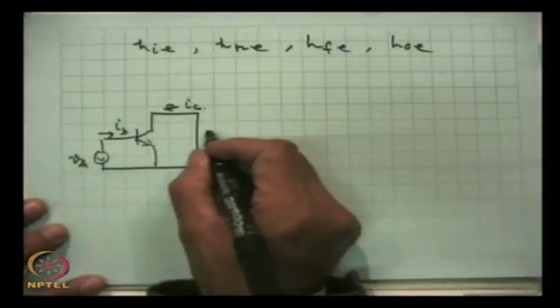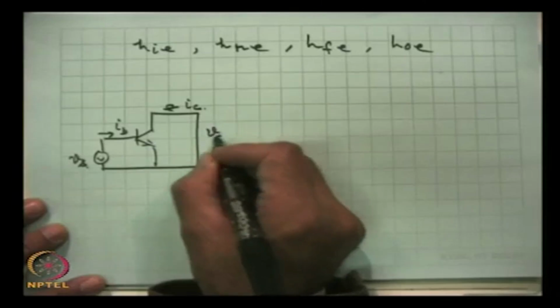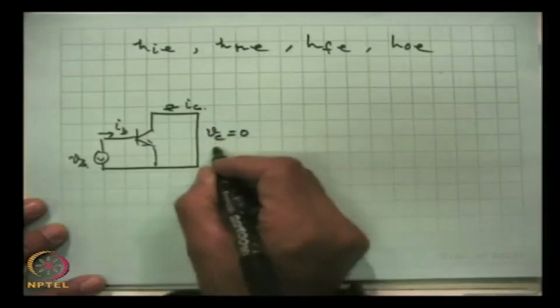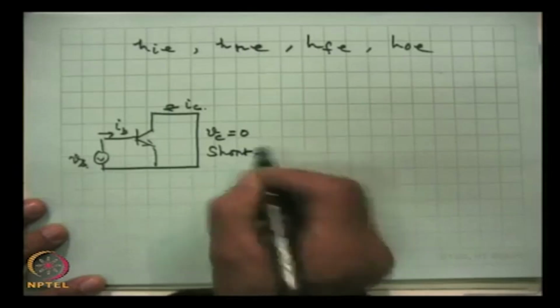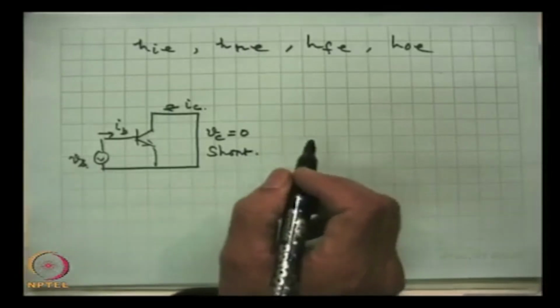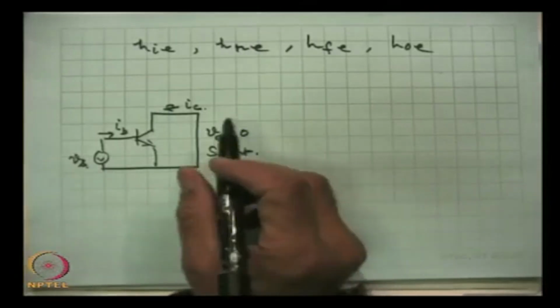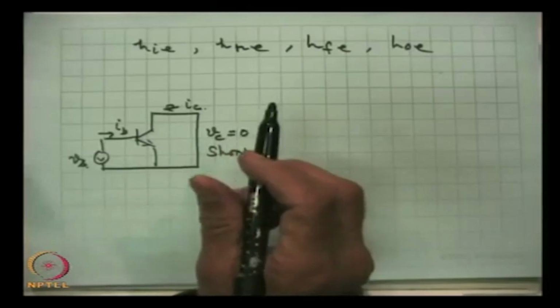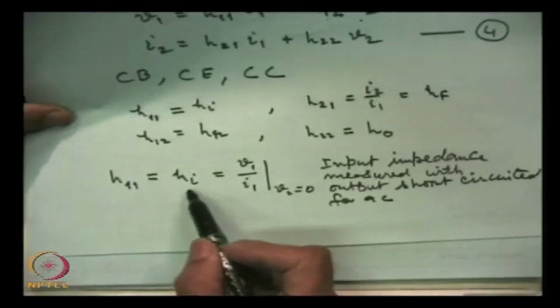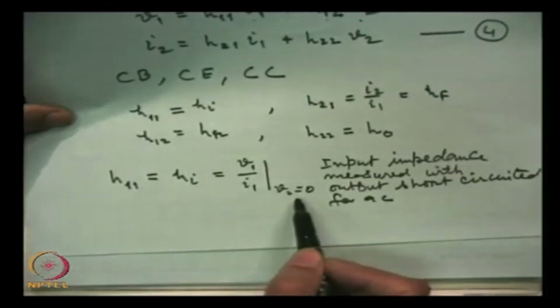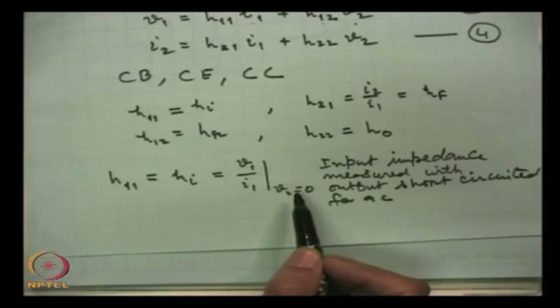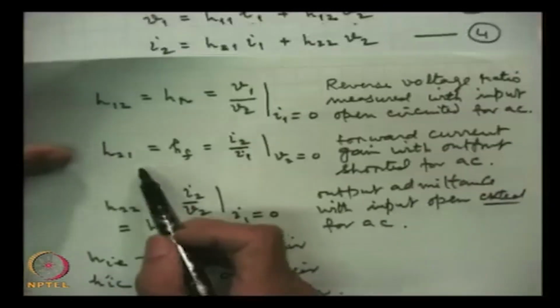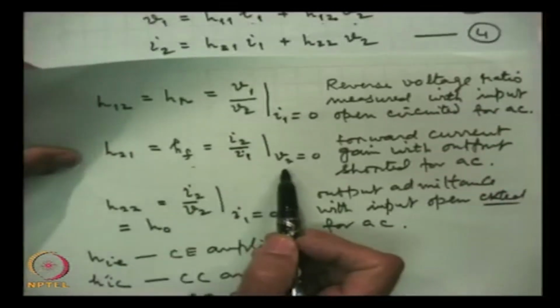So, this is VCE equal to 0, this is the short, because for defining these two parameters, the input impedance, V2 has to be 0. Similarly, for the forward current gain, V2 has to be 0.